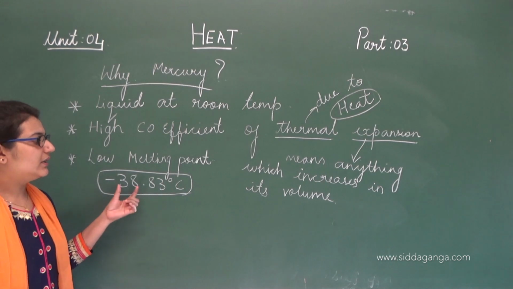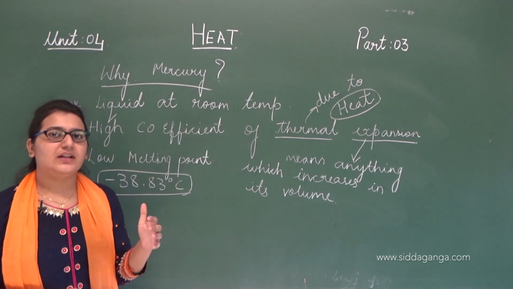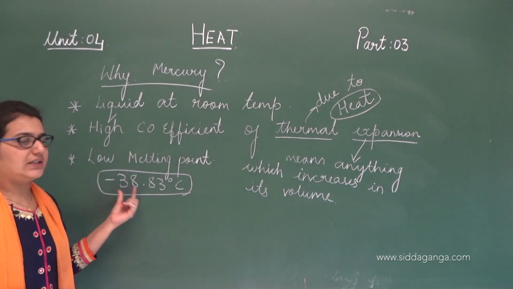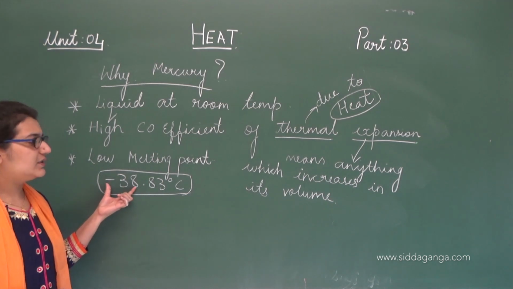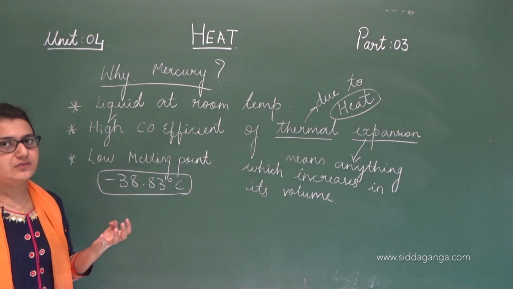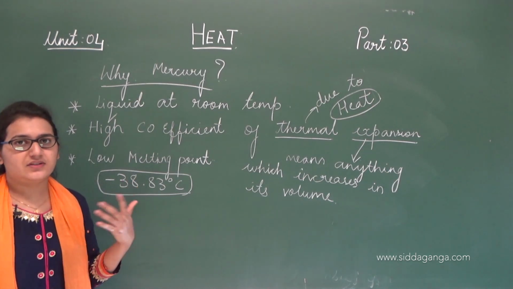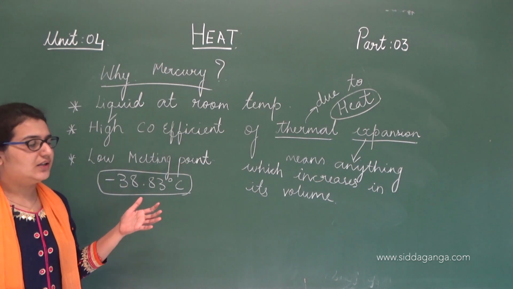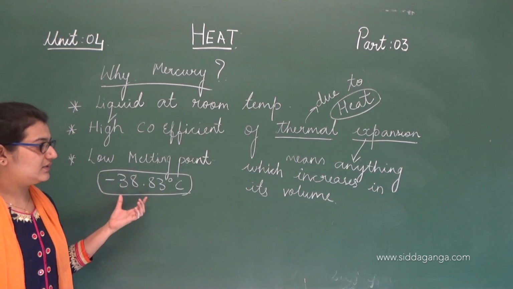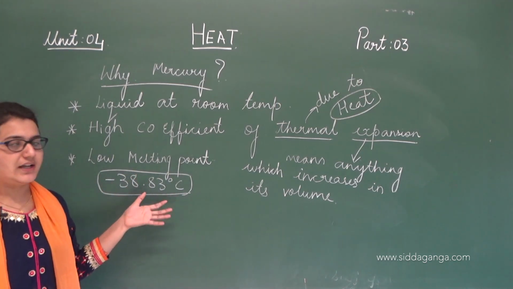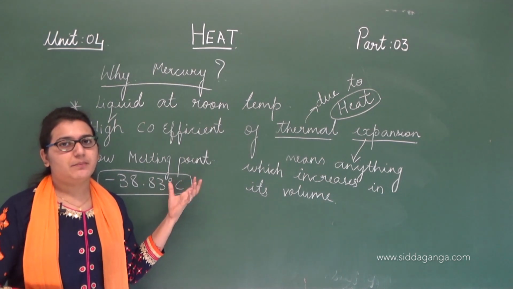Mercury starts melting only when the temperature is minus 38. If it is this cold in the atmosphere, minus 10 or minus 4 or 5 degrees Celsius, we can hardly handle it. Only when it is minus 38.83, almost minus 39, does mercury melt.